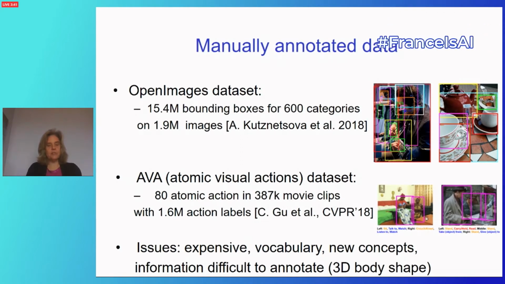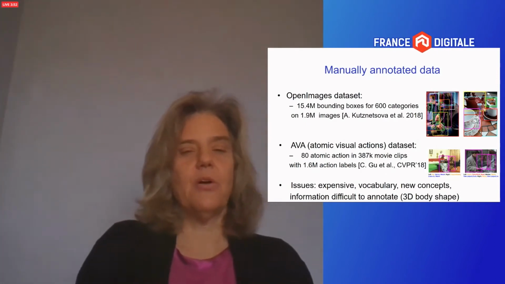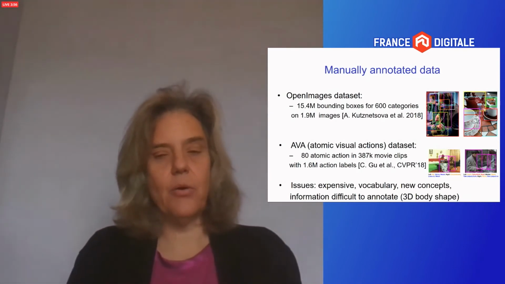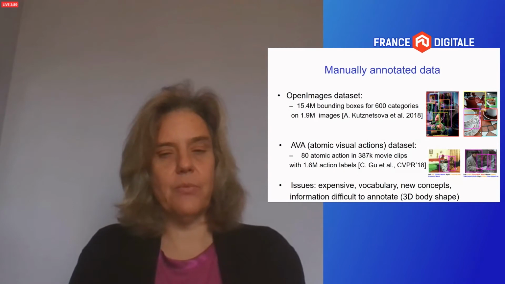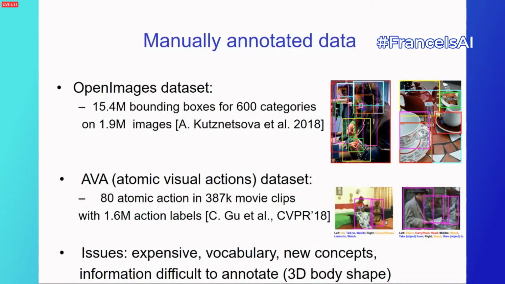First of all, it's expensive to do all this manual annotation. Moreover, there's a more serious issue in that the object and action categories are limited. Here we represent the world with 600 categories and 80 actions, which is clearly not representing the entire visual world. Furthermore, it's difficult to introduce new concepts. Every time there's a new concept, we have to annotate it from scratch. And one more point is that there are some things which are difficult to annotate, such as 3D body shape.